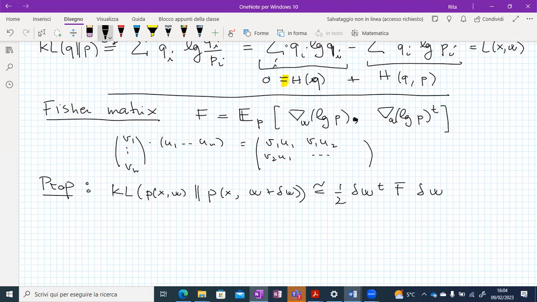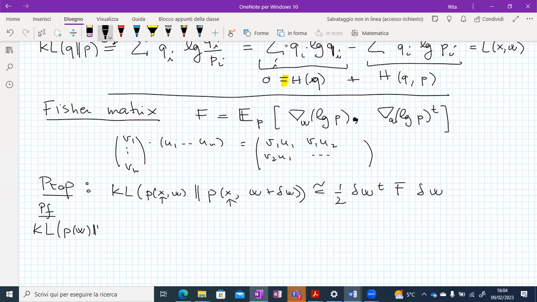Okay, why is this important? We are going to show it because it's very simple, so let's show it, and then I make some considerations. So we write what it is. So the Kullback-Leibler of P. I forget the X, to save space.